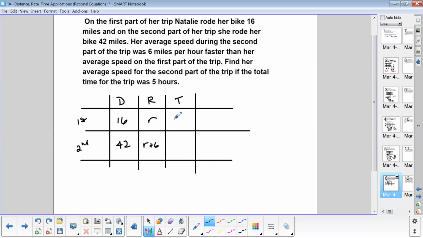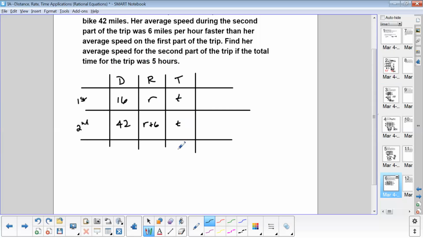Find her average speed for the second part of the trip. Well, in regard to time, the total trip time was 5 hours. So what we have is a 5-hour total.